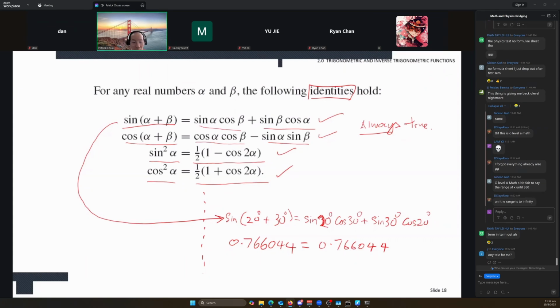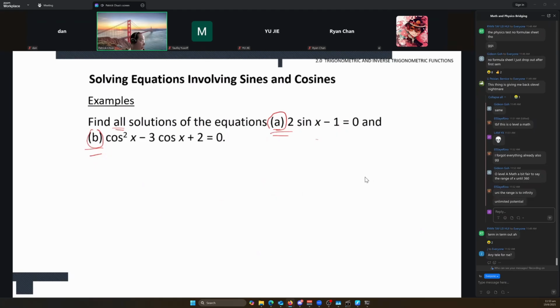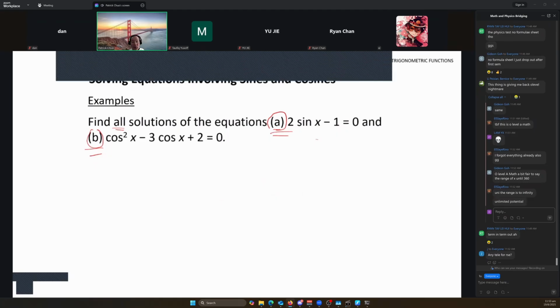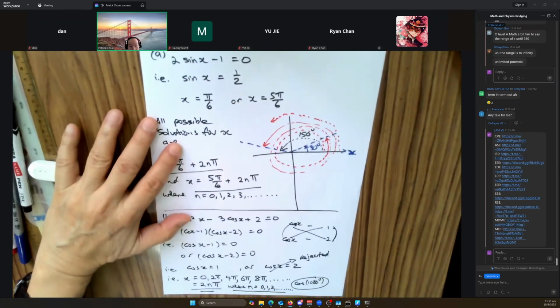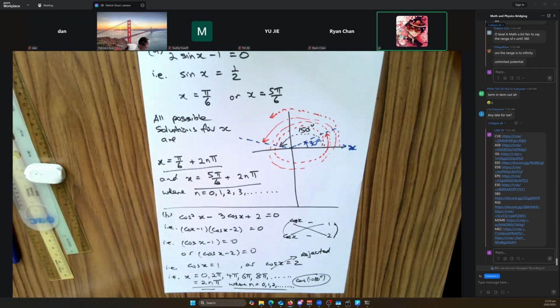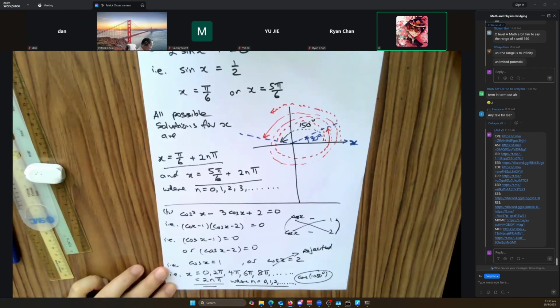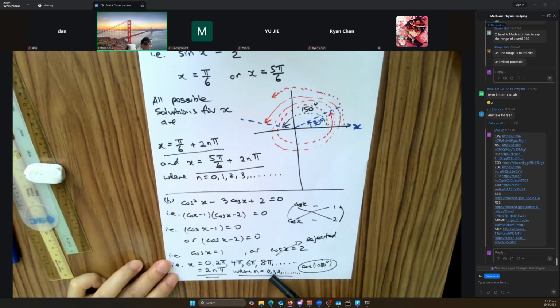Let me go back to that page. Slide 12, this is 13. Are you referring to this one? Okay, your question is, why wouldn't n be equal to -1, -2, -3? So essentially n would be all integers. Yeah, because n has to be positive.